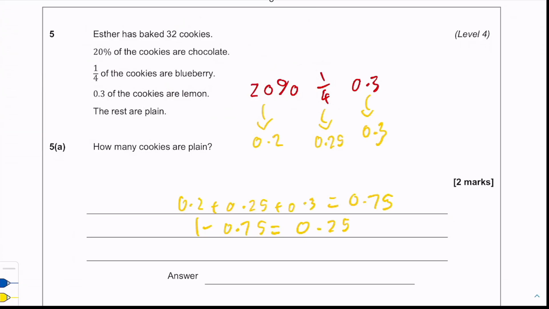Okay, so it's probably easier to now convert this to a fraction. So converting this to a fraction, this is equal to 1/4. So 1/4 of the 32 cookies are plain. So 1/4 of 32, we just need to divide 32 by 4 and we end up with 8. So we can say that 8 of the cookies are plain.